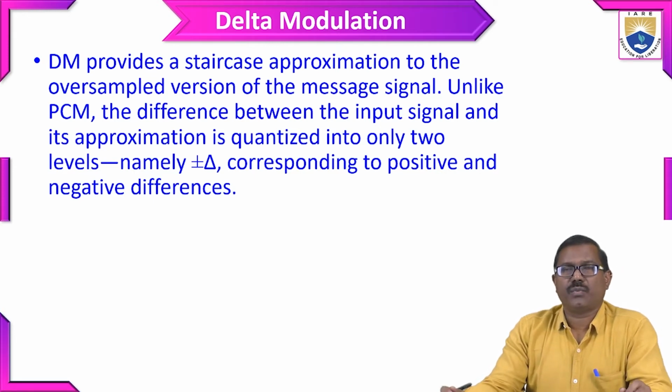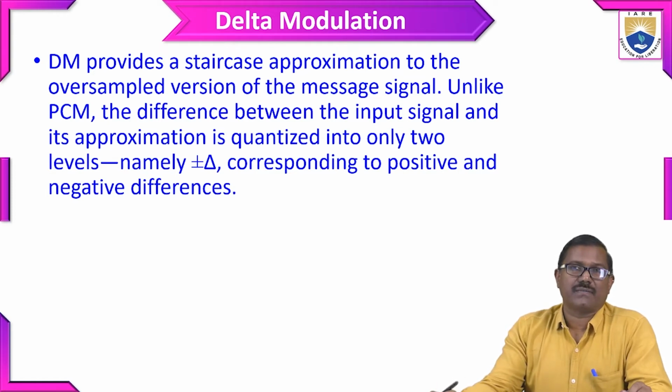My staircase approximation is trying to track the message signal. Up to catching, we are going to increase my step size. When the difference amount decreases, I am going to decrease my step size. Okay. So it operates on the difference amplitude.